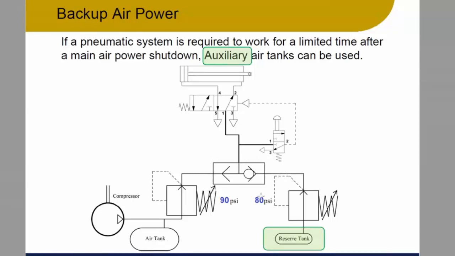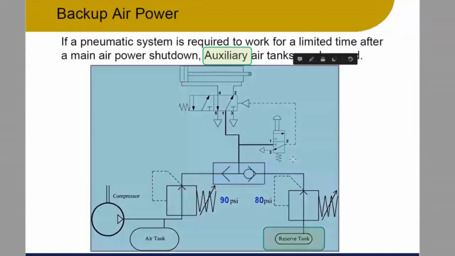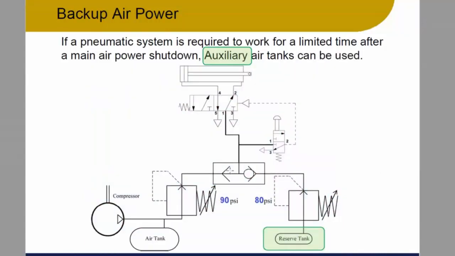And we have what's called a shuttle valve. I talked about shuttle valves in the 4th lecture when we talked about components. A shuttle valve is pretty cool. It's essentially like 2 check valves put together. It works like this: if the air on this side is at a higher pressure than the air on this side, then this ball will move over here, and air will come out here and go down and power the system.